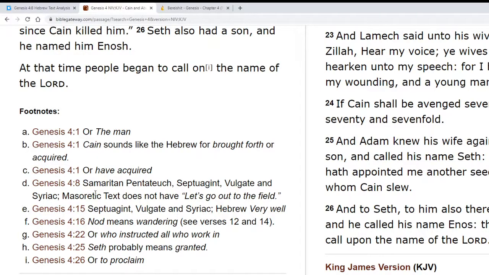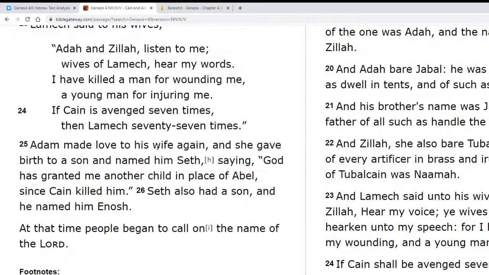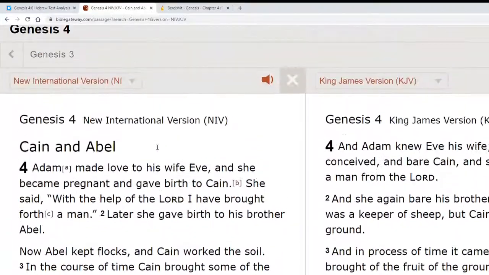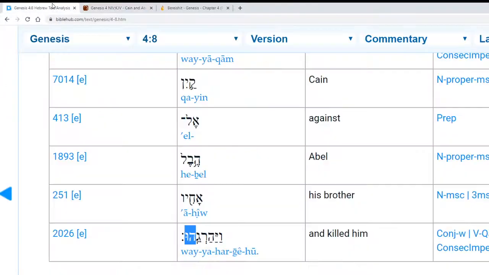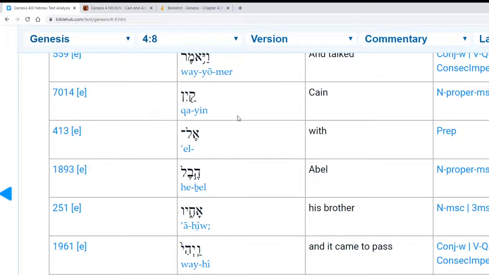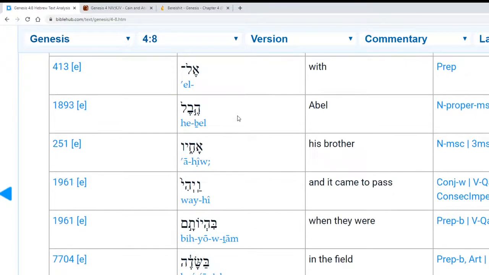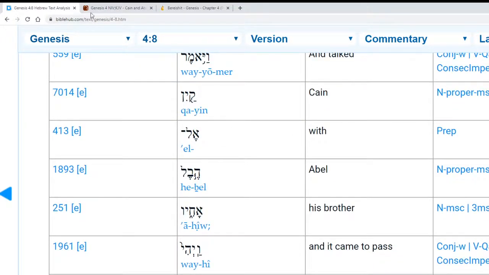So the Masoretic text obviously is the text that the Masoretes, the rabbis, the scribes have given us, and the Samaritan, Septuagint, Vulgate, and Syriac are the Christian versions that were preserved over the years. So that's how they got that there, because in the Hebrew it just says they spoke to each other. It doesn't say what they said.